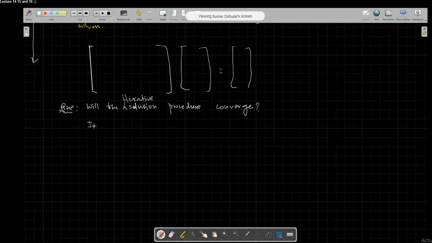Is there any condition that ensures convergence? Is there anything like that? So that is a very important step in this process.